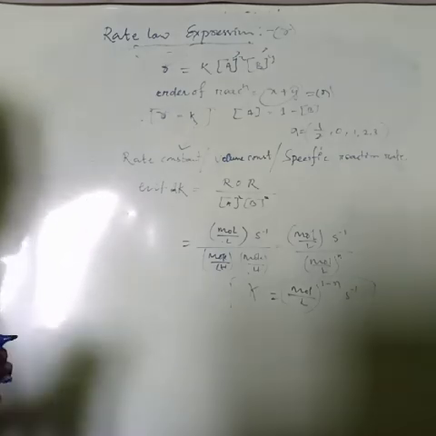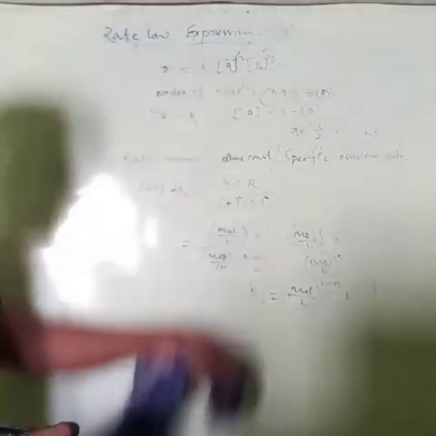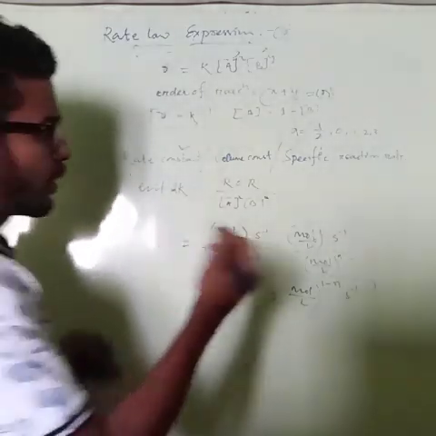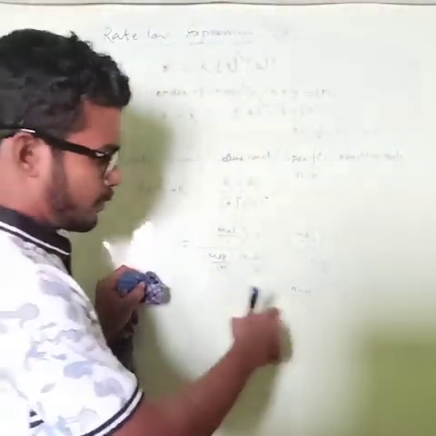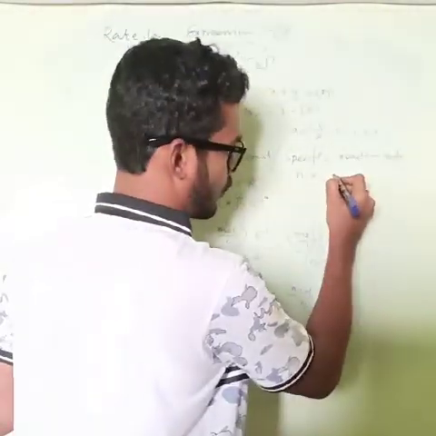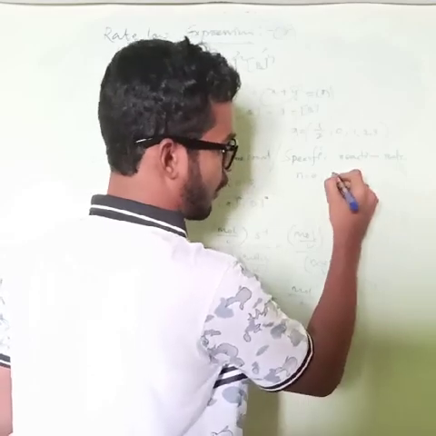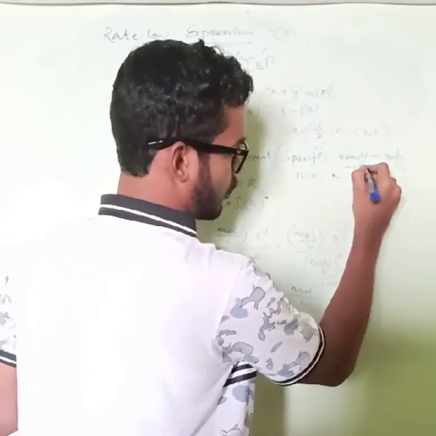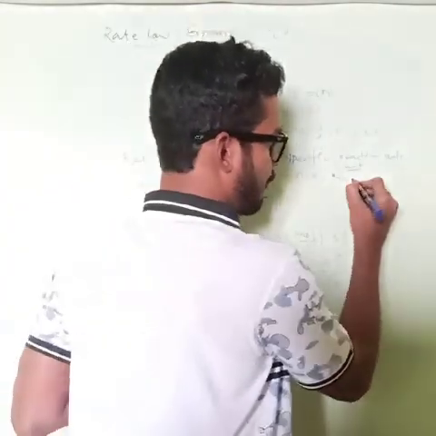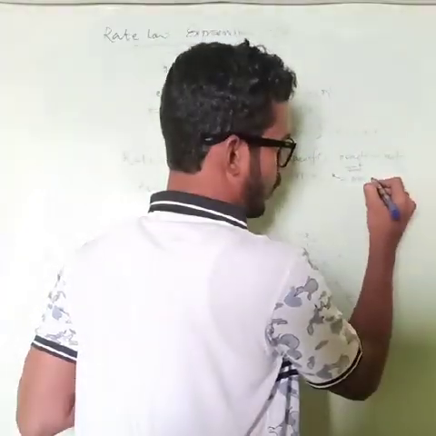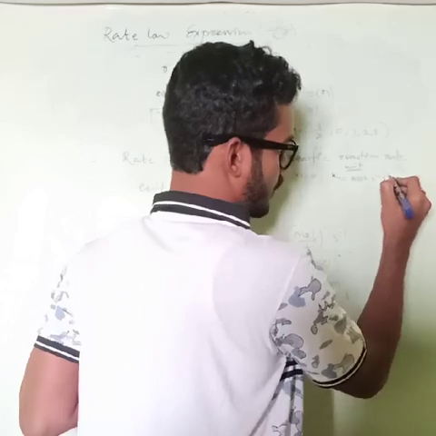Okay, let's do some problems depending on this. You can note, if n is 0, what is the unit of k? If n is 0, the unit of k is mole per liter per second.